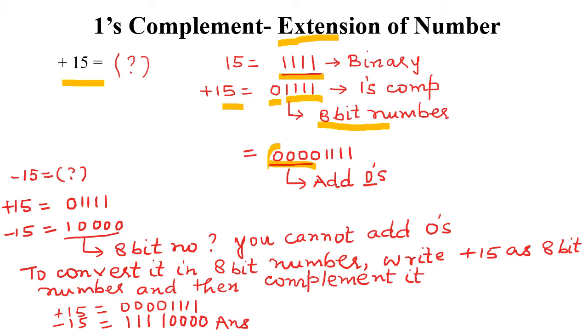The most significant bit अभी भी 0 है, so it means it is a positive number. The remaining bits will indicate magnitude, which will be equal to 15, and so it is equal to plus 15.